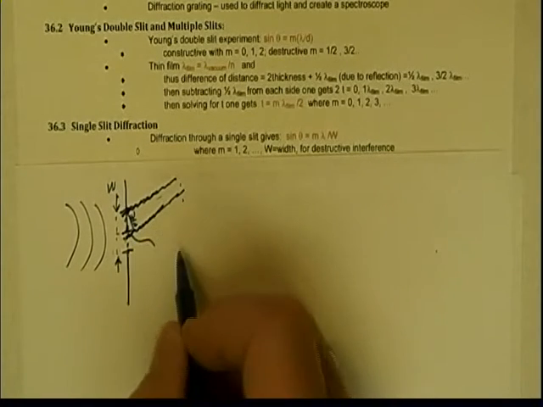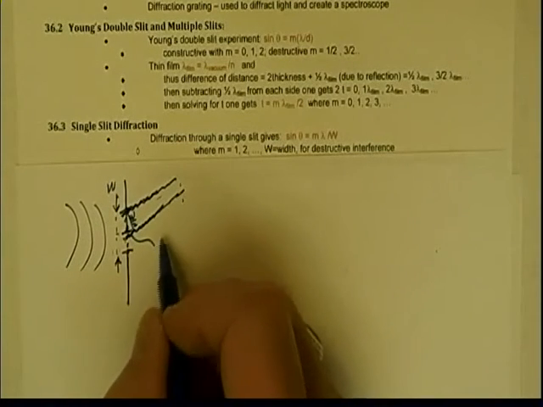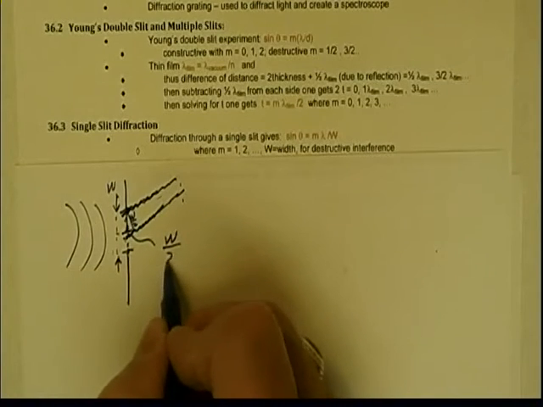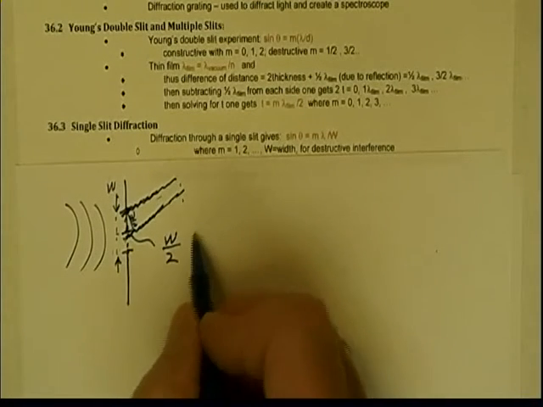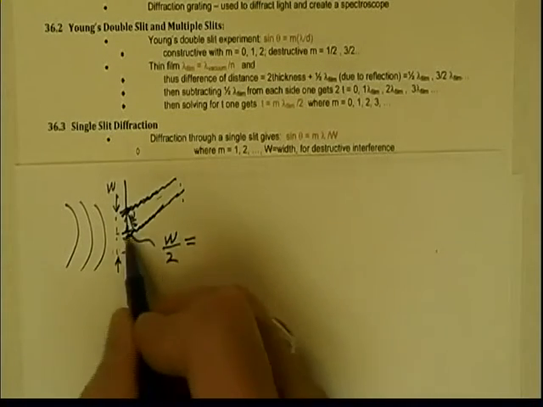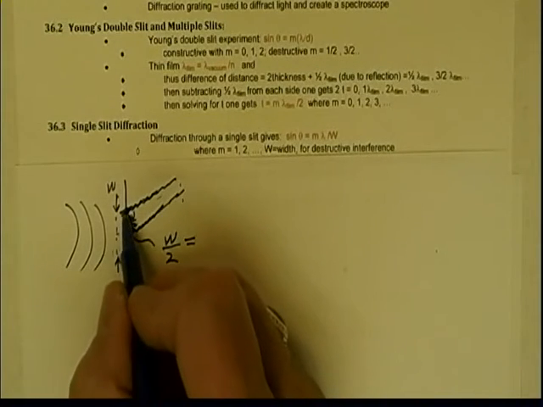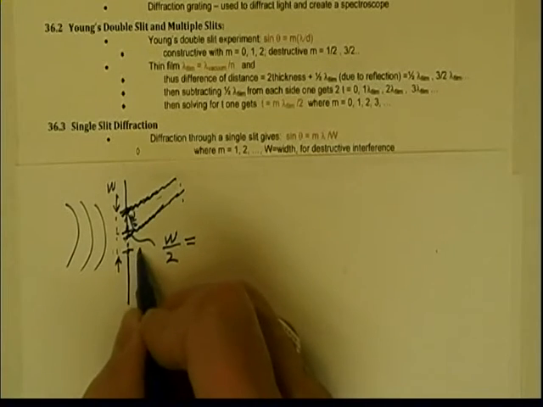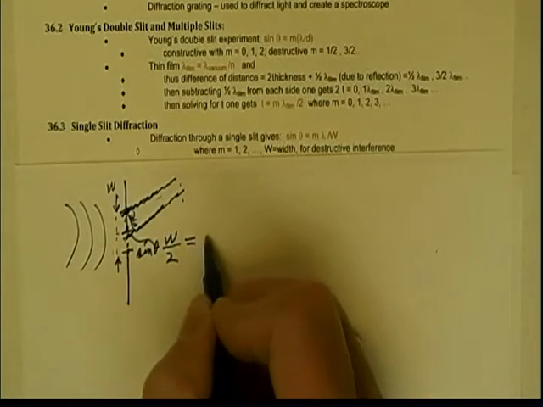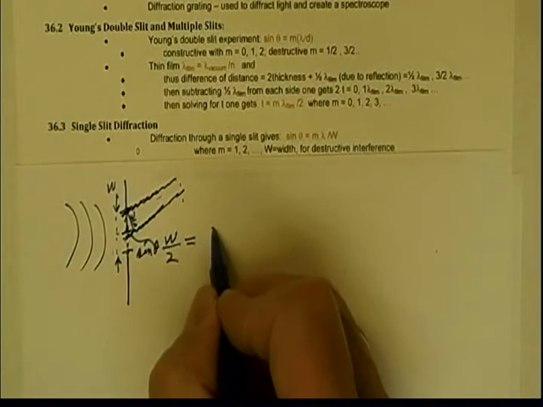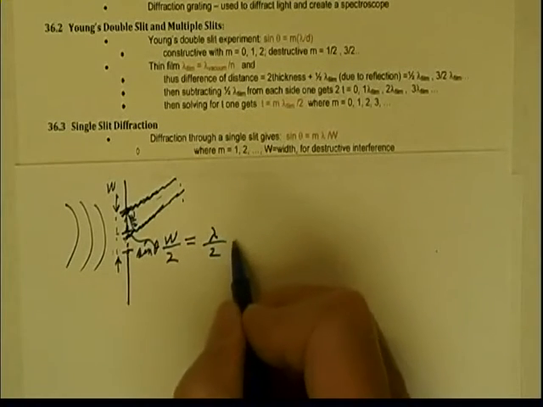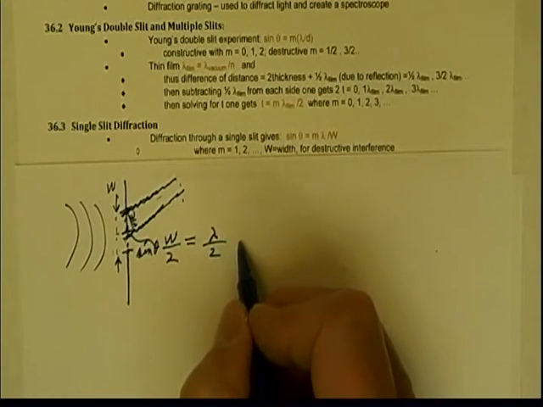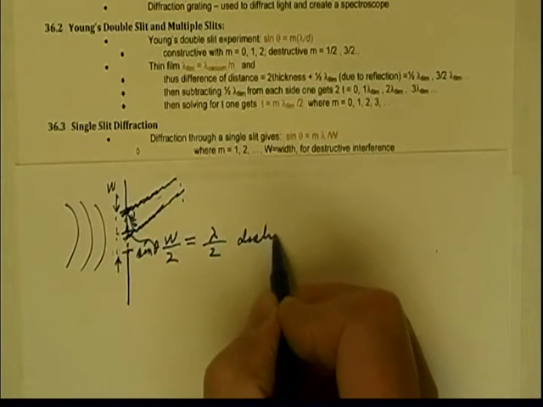If I look at this distance, it is going to be W over 2, and when that is equal to W over 2 times the sine of the angle, when that is equal to the wavelength over 2, then in fact we're going to get destructive interference.